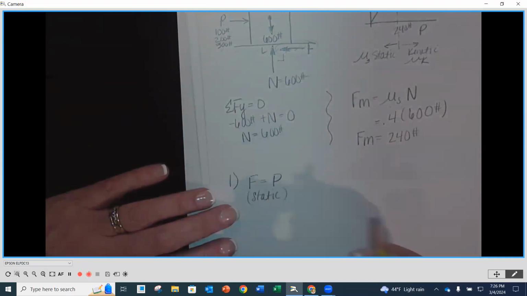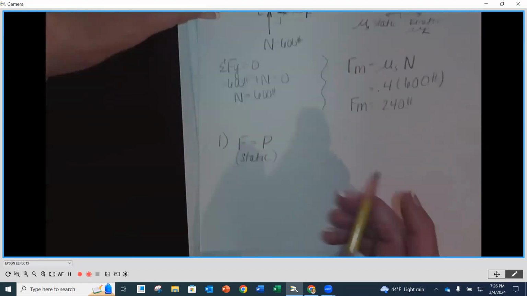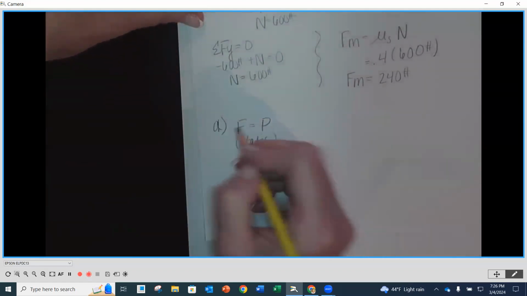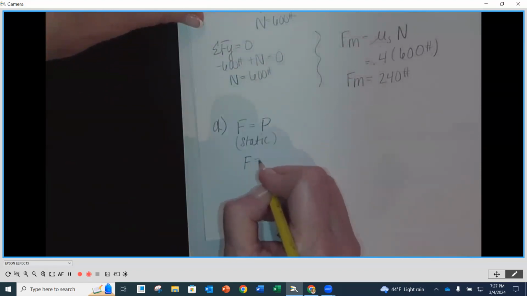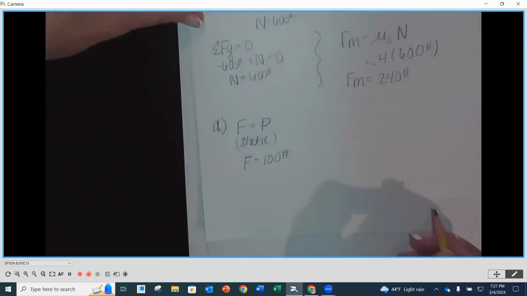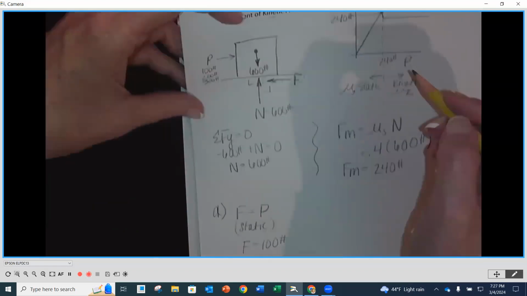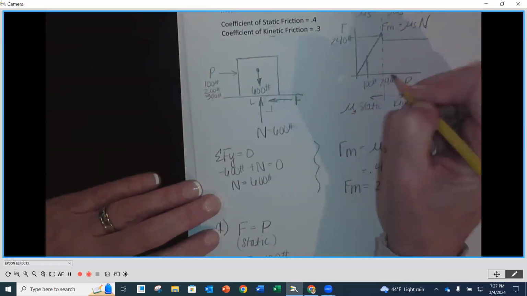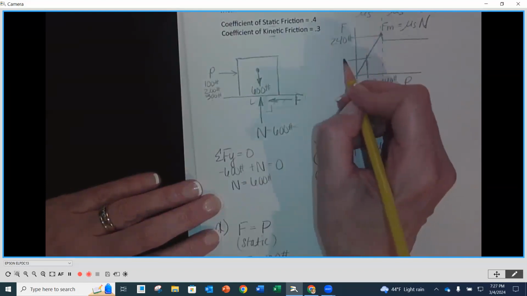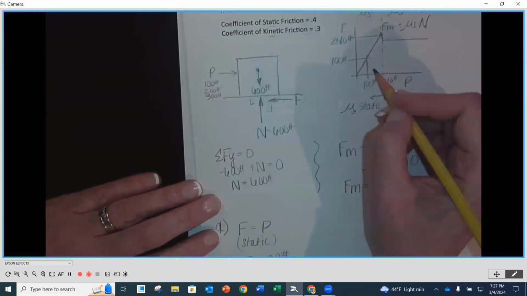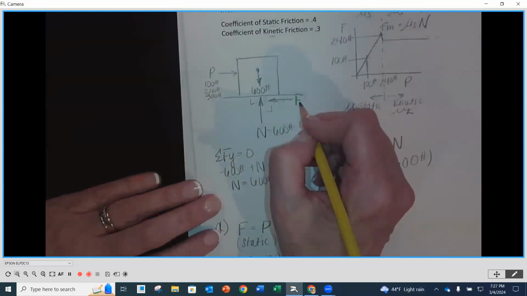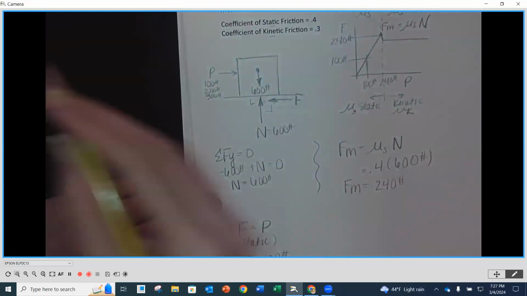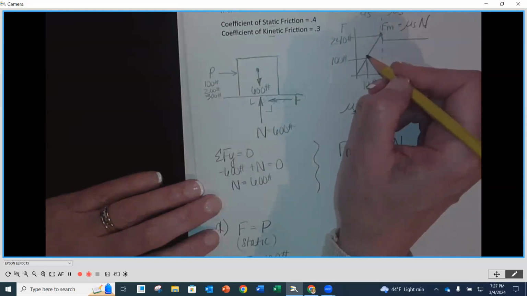In part A, our friction force is equal to 100 pounds. If we have 100 pounds of pushing force, our friction force has to be that same value coming back because we're not moving. So our friction force has to equal our pushing force when we're in the static area.